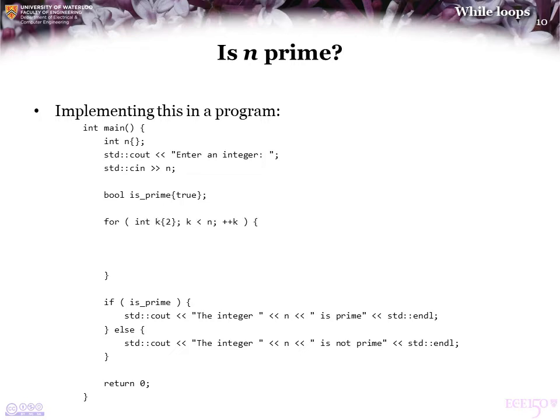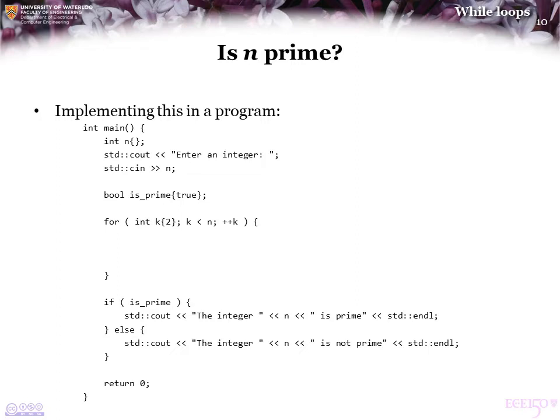All right, so here is our for loop. This for loop will run with k being initialized with the value 2, and the condition will be as long as k is less than n. The last time k less than n is true is when k is equal to n minus 1.